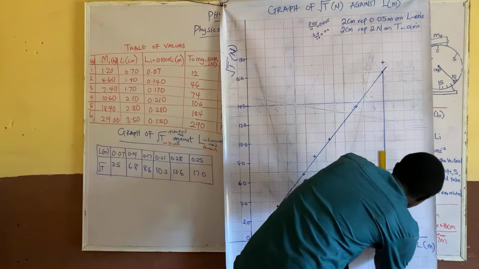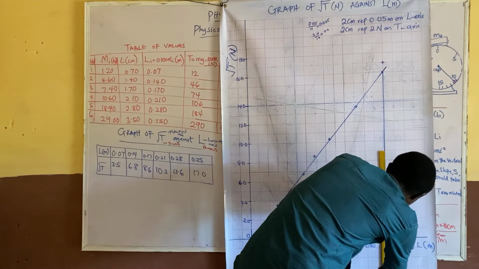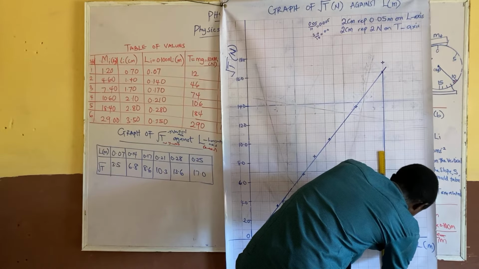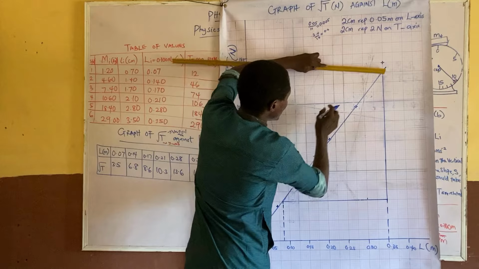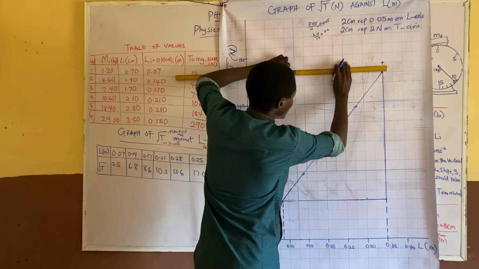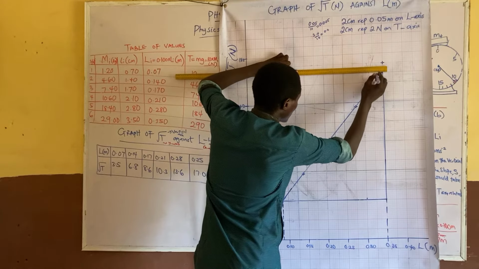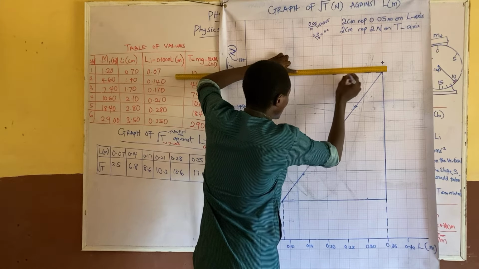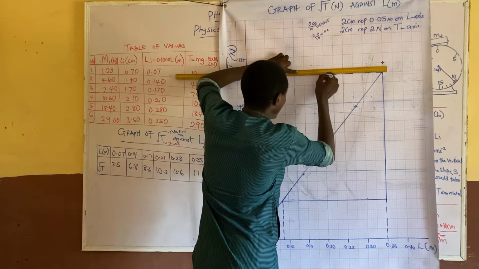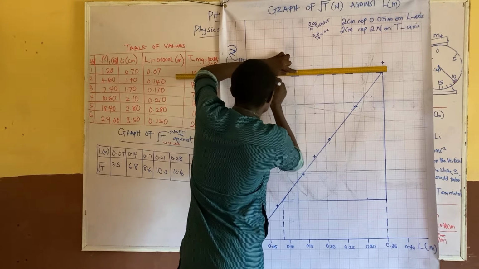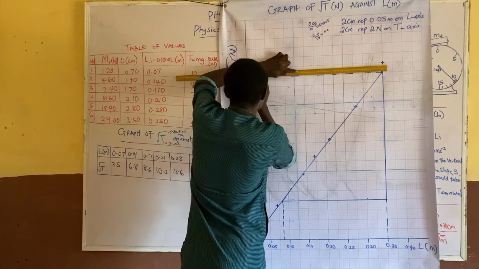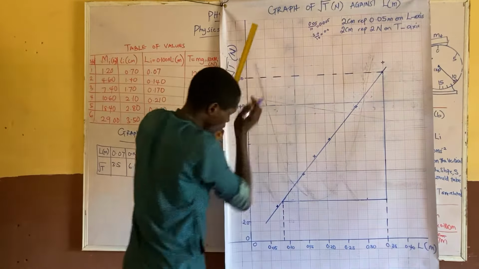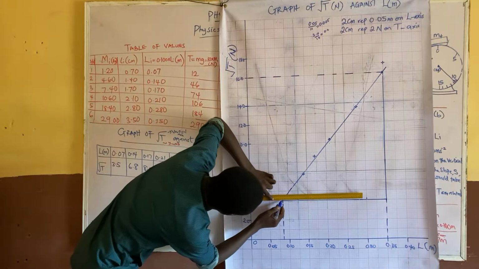Trace also this, and trace this one along the horizontal. The last one here is also this one, the vertical axis.